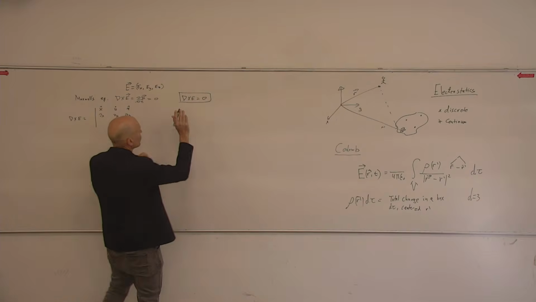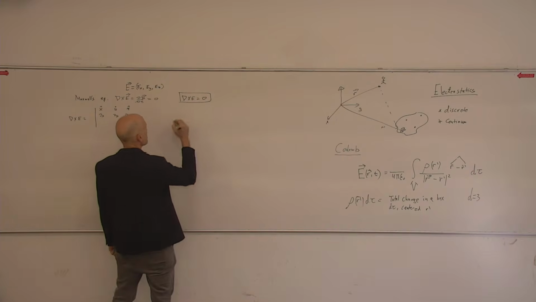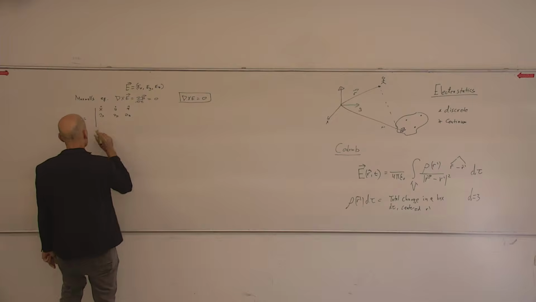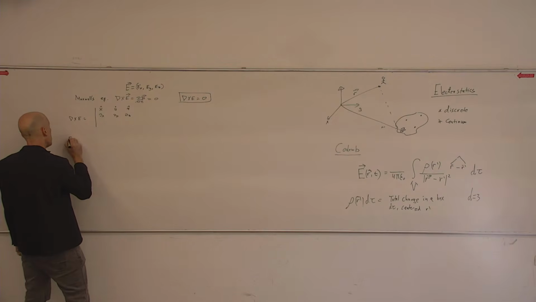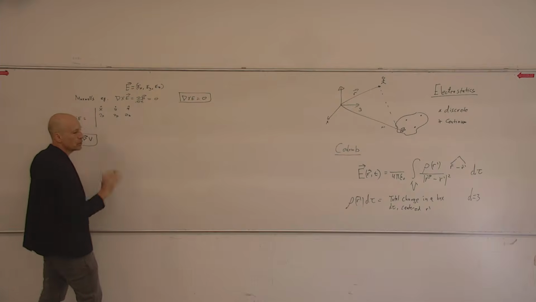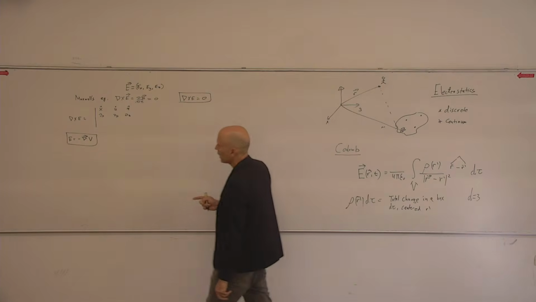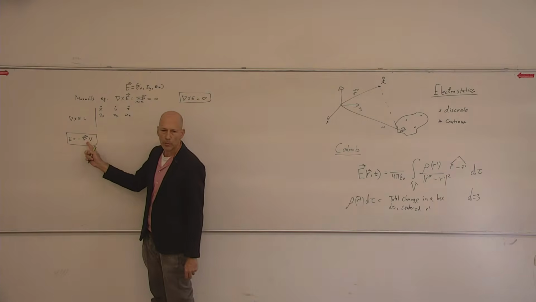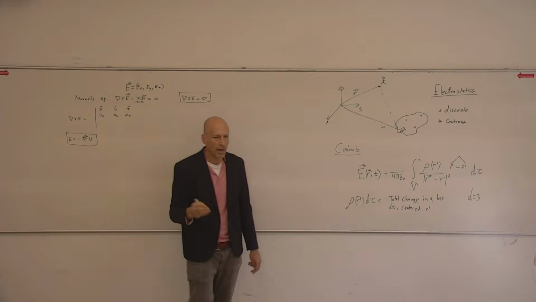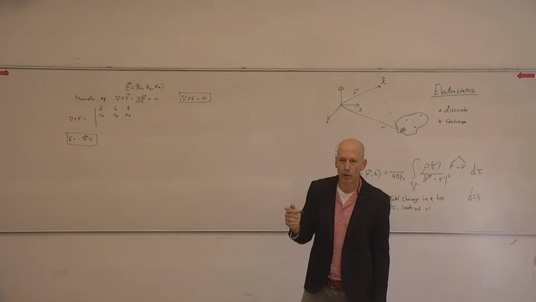Okay, so this means, and I'll show you why in a second, that E is equal to minus the gradient of some function V, which we call the potential function. And here we have this symbol. What is this symbol? We call it nabla. Why is it called nabla? Do you know?